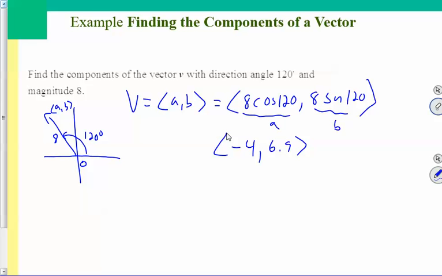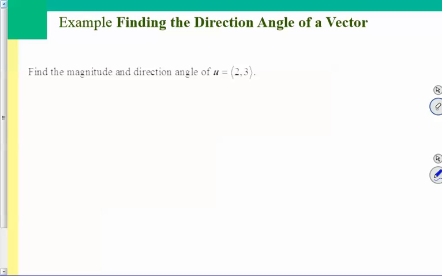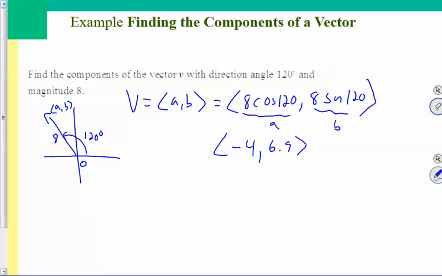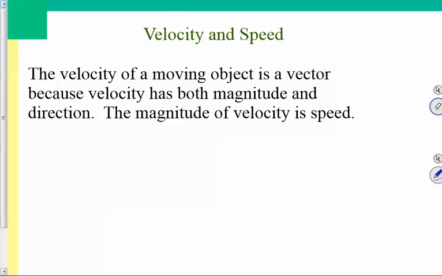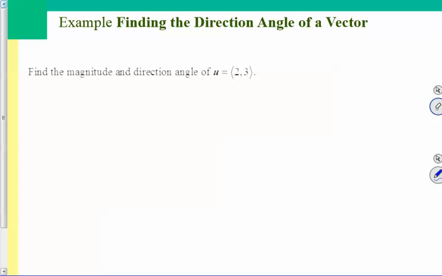Next part. This one says find the magnitude and direction angle of u equals (2, 3). First I have to think about where I'm at.